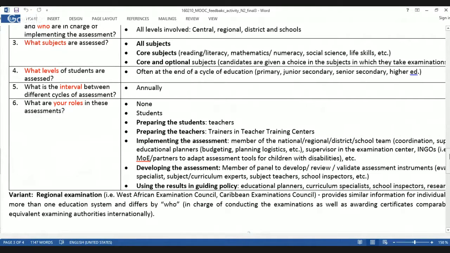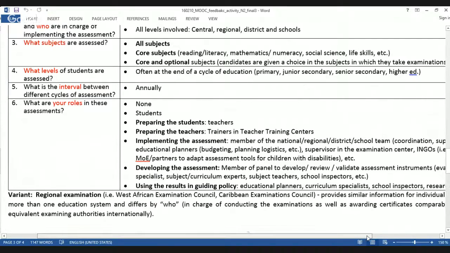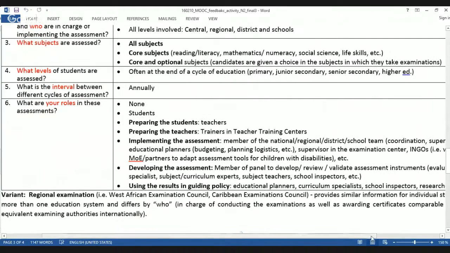In terms of using the results in guiding policy, there were some educational planners who mentioned that they use that for policy, curriculum specialists to identify some gaps and in addition to review the curriculum. School inspectors also wanted to know more about what is going on in their local area, researchers, and so on.